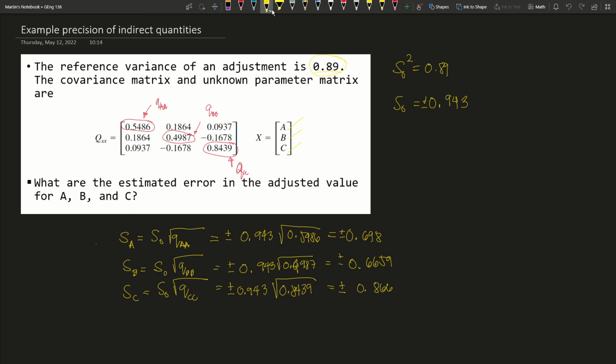Therefore, we have the estimated error in the adjusted values for A, B, and C. So this is how you solve for the estimated error of the adjusted values from your least squares solutions.